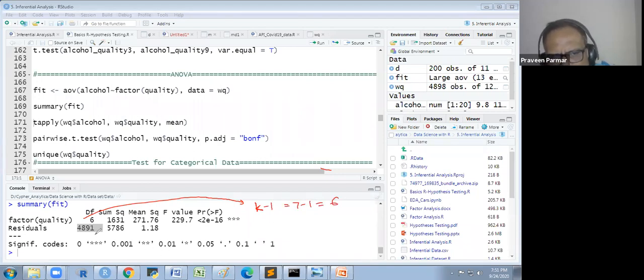And for the residuals, we have n minus k. We have the total number of observations, which is 4898, and k is 7. So 4891. Does that make sense to everyone? Why is it 6 and 4891?